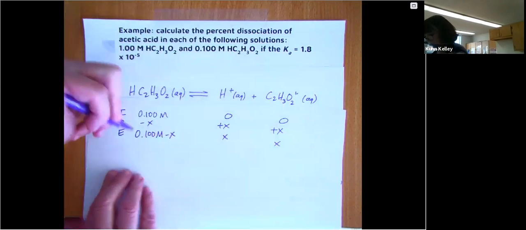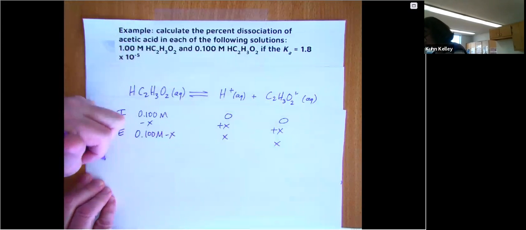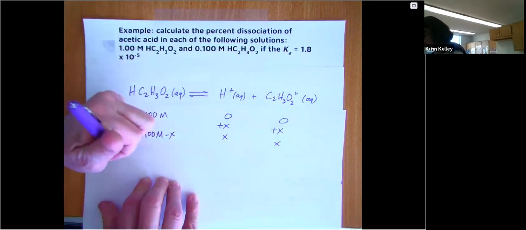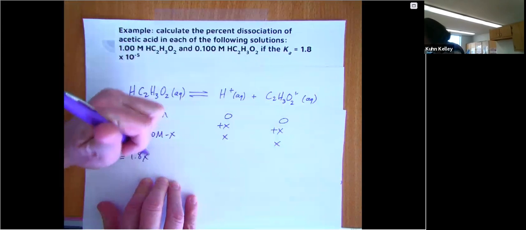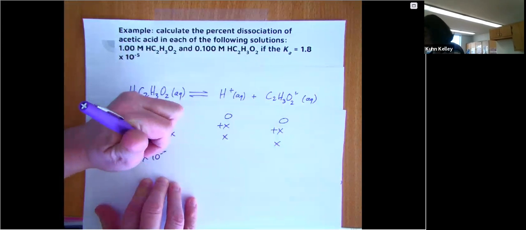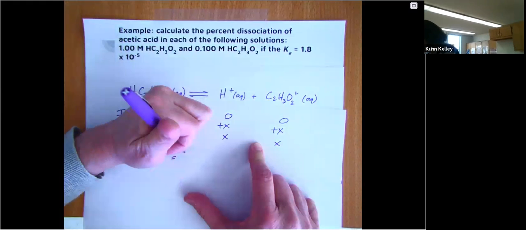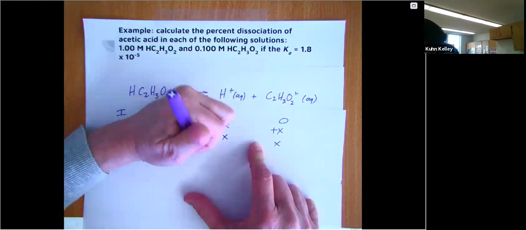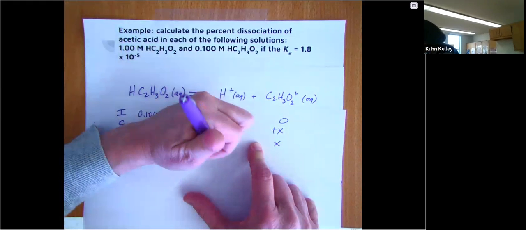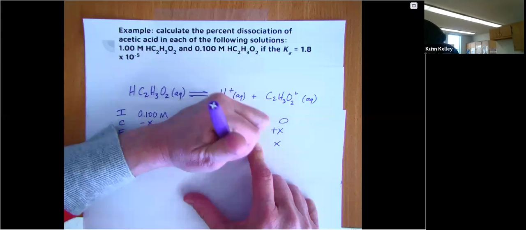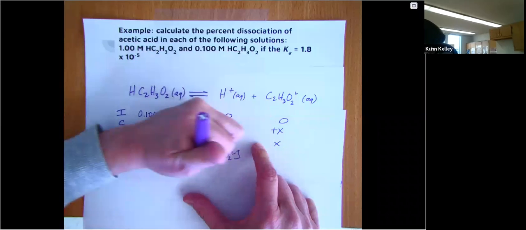So when I put this into my equilibrium constant, once again, it's just going to be my hydrogen times my acetate divided by my concentration of acetic acid.